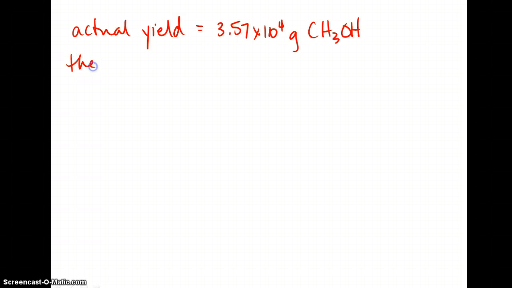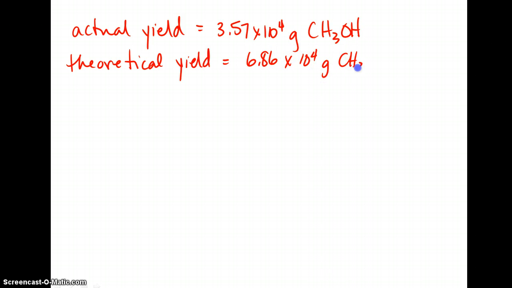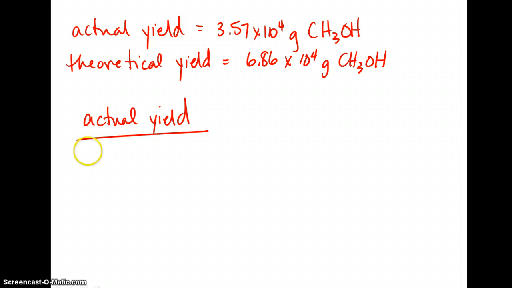My theoretical yield, what I would have expected to get had everything reacted, was 6.86 times 10 to the fourth grams of CH3OH. What percentage of what I should have gotten did I get? Simply take actual yield over theoretical yield, and that gives me my percentage yield.